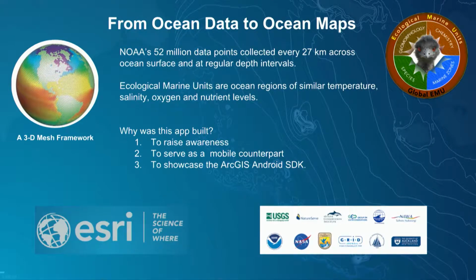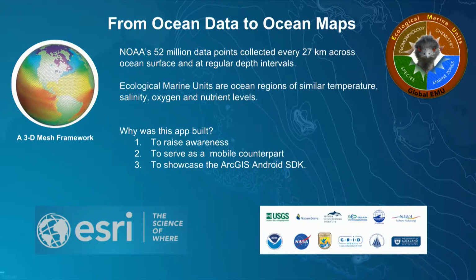NOAA had accumulated many, many data points over the years about the ocean that they had collected every 27 kilometers around all the oceans, and not only on the surface, but all the way down to the bottom of the ocean. So we have this really rich data set. It ends up being about 52 million data points.